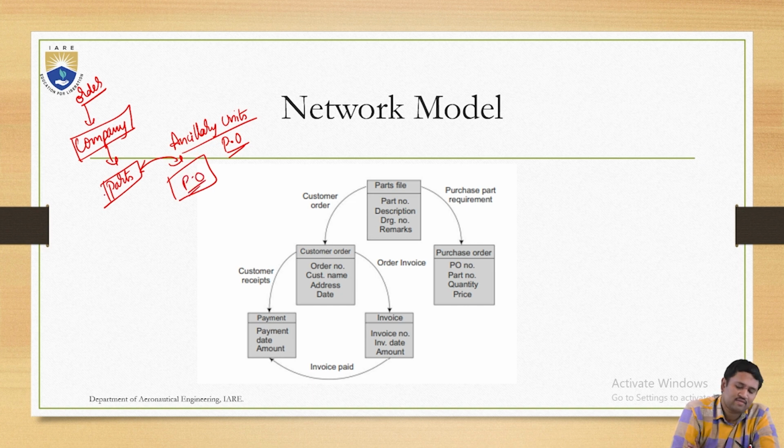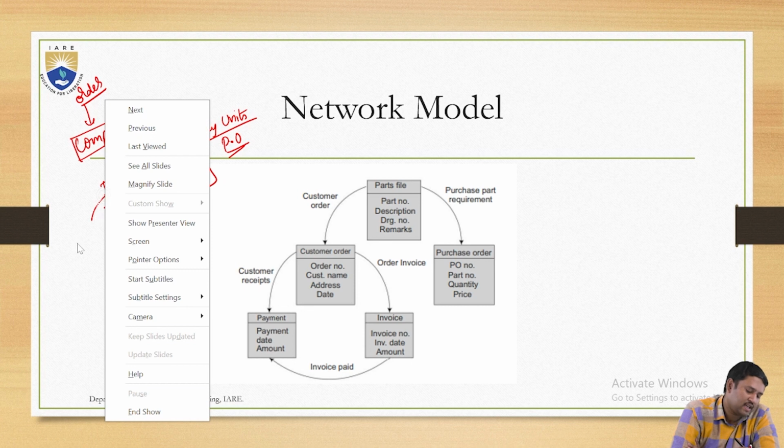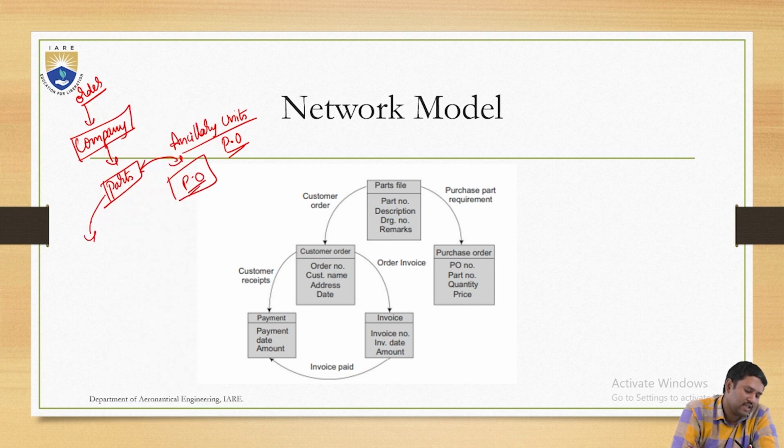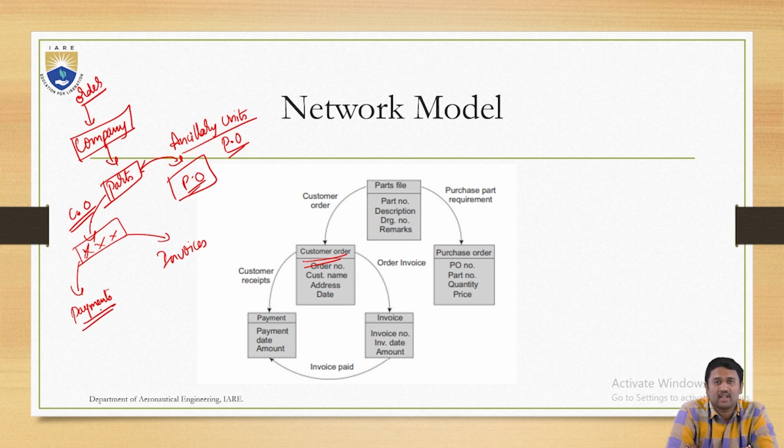Now, these parts we are taking are made according to the customer order, right? As the customer order is getting generated, you are generating separate gateways. One is for invoices, the other is for payments, right?